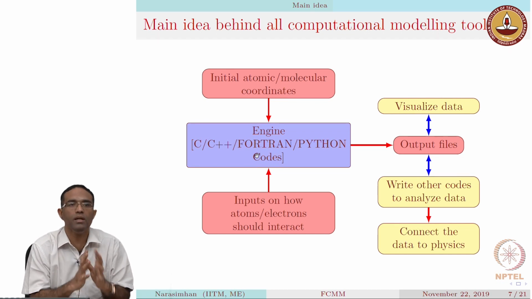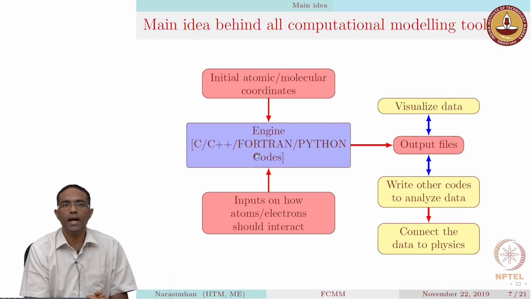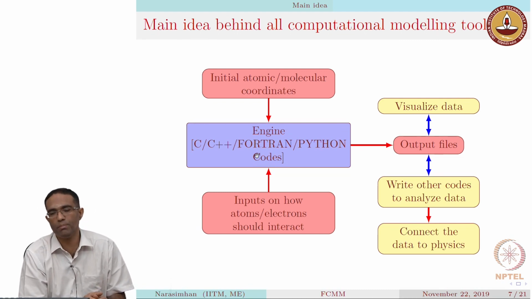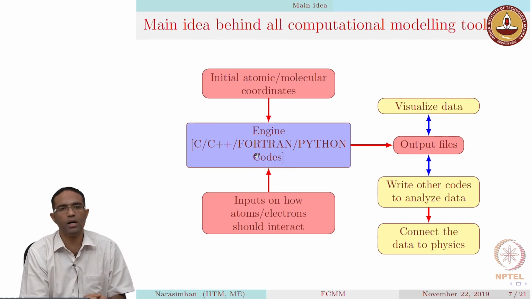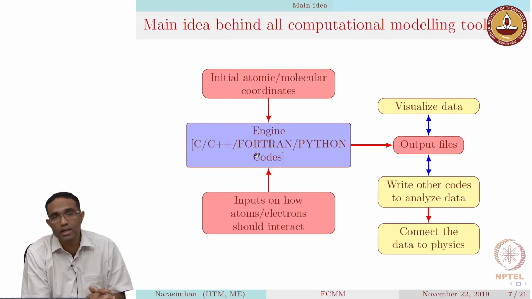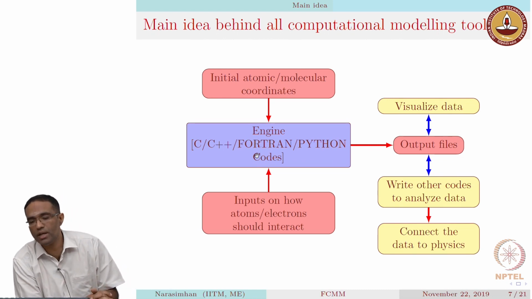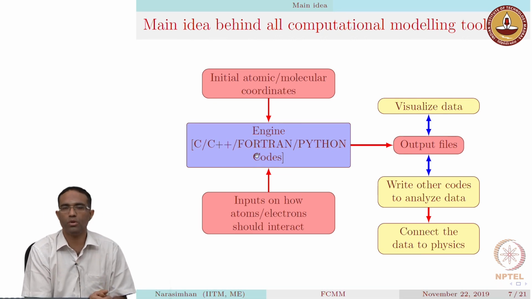So you run the engine with this input script, and the engine provides you with some output files, and you will either be visualizing the data, or you will write other codes to analyze the information that is generated by this software.